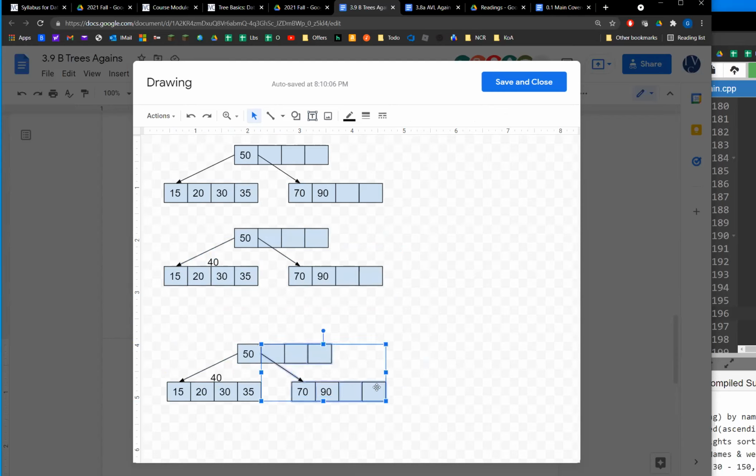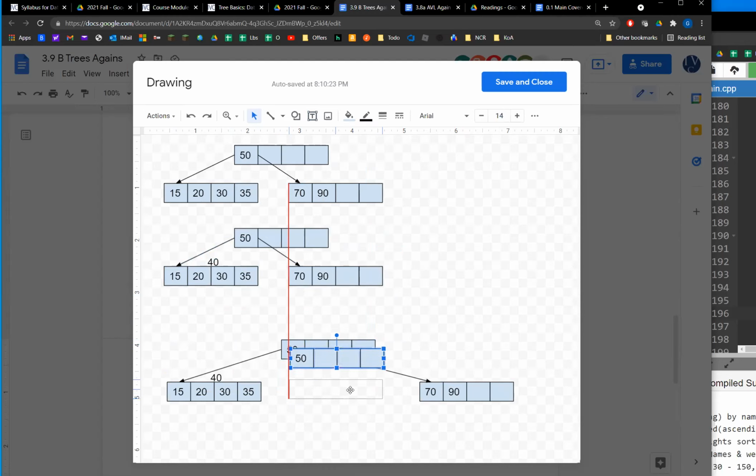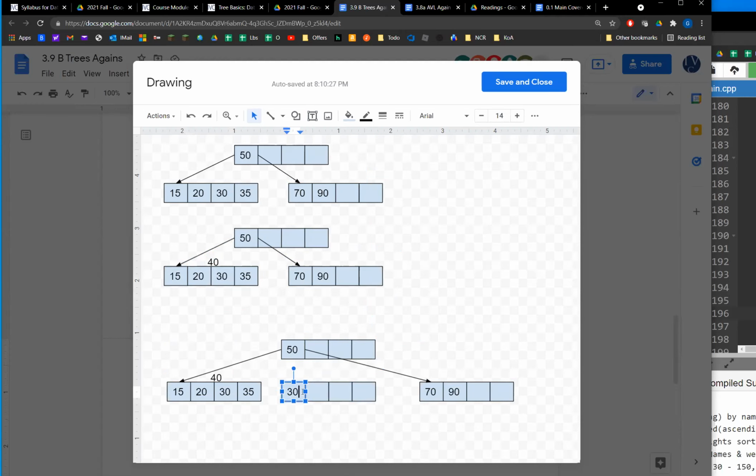We'll go ahead and do our split. Split it. 30 and 35 come over here, pulled from the node over there. 40 moves up.